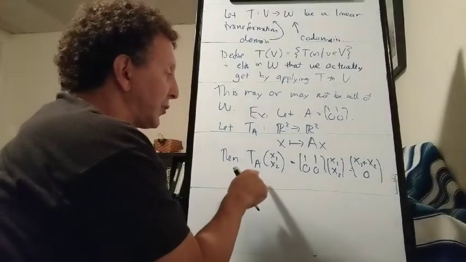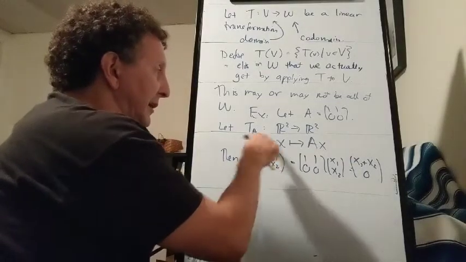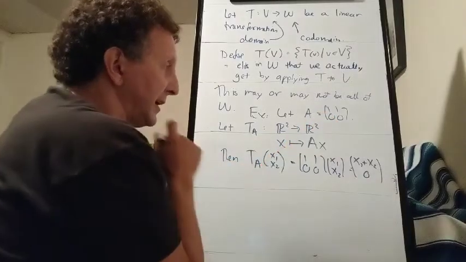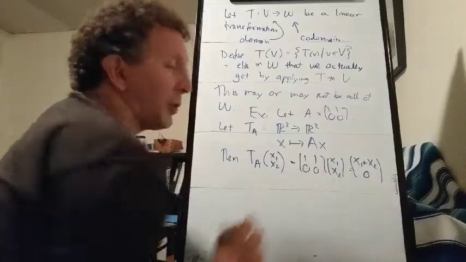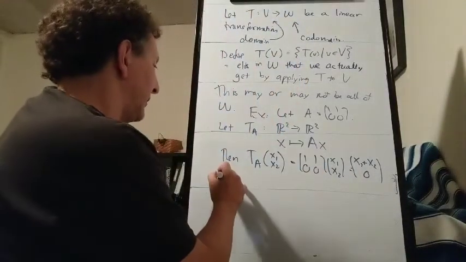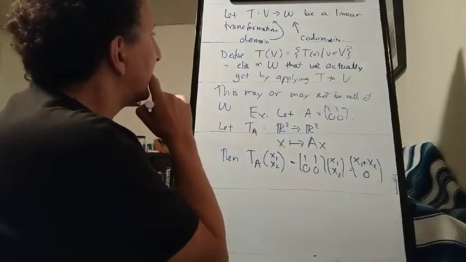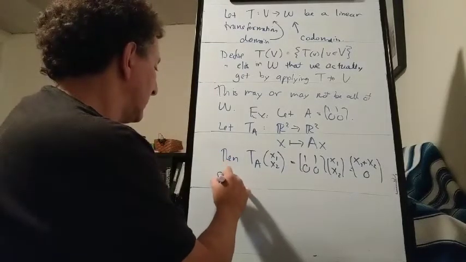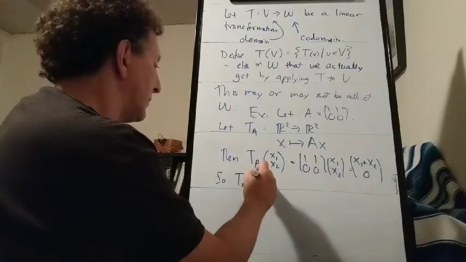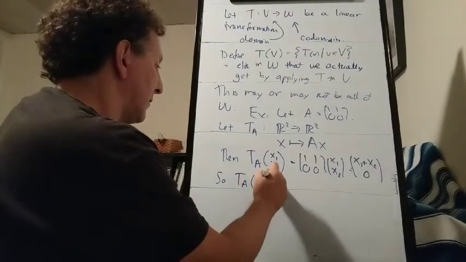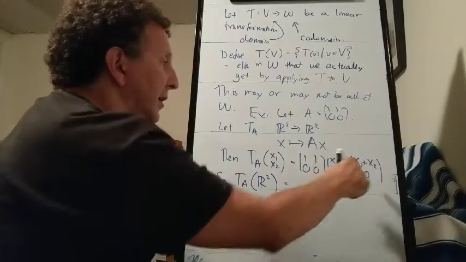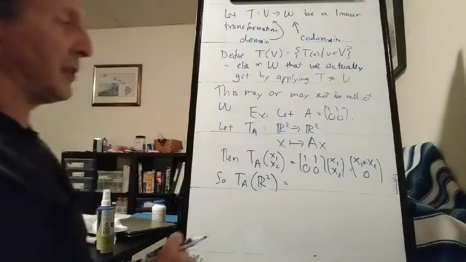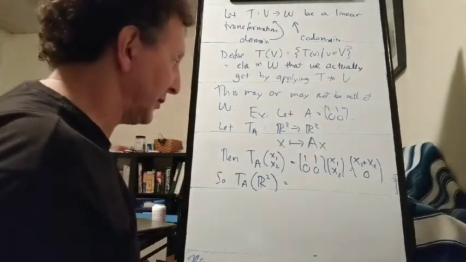And the set of all vectors we get by applying TA, by left multiplying by A, is not going to be all vectors in R2, because the second component is definitely going to be 0. So TA of R2 is going to be, well, if x1 and x2 are real numbers, then their sum could turn out to be any real number.